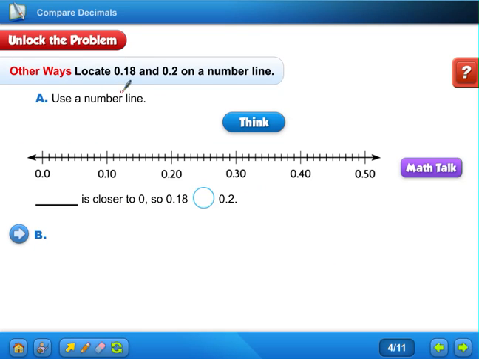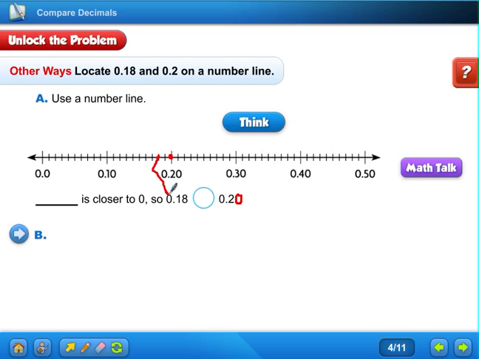Let's do it like this. We're going to use the same problem and we're going to locate it on a number line. So here's 2/10, or remember, 20 hundredths, that's right there. And then 18, there's 10, 11, 12, 13, 14, 15, 16, 17, 18 is right here.